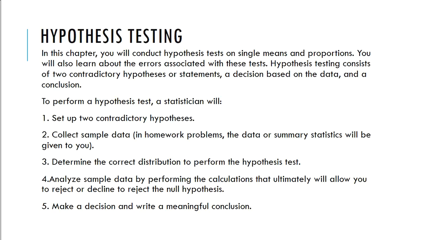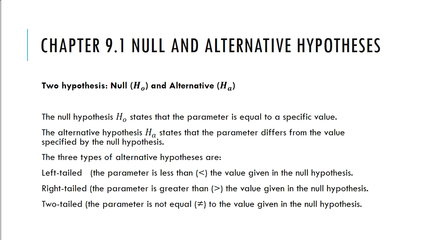There's three, and they're pretty easy to determine. Once you learn one of them, the other two become easier. You're going to analyze the sample data by performing the calculations, which you'll do in the calculator. Based on those calculations, you're going to reject or decline to reject the null. Then you're going to make a decision and write a meaningful conclusion.